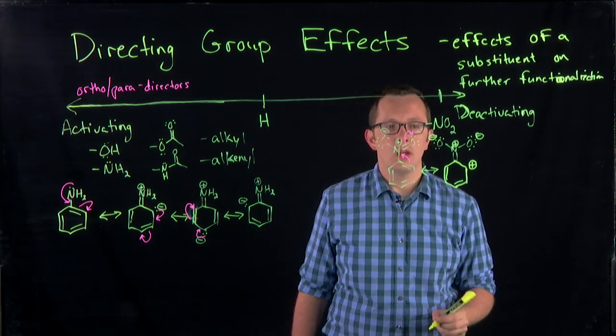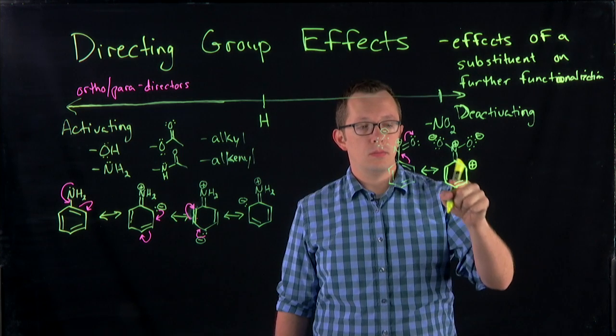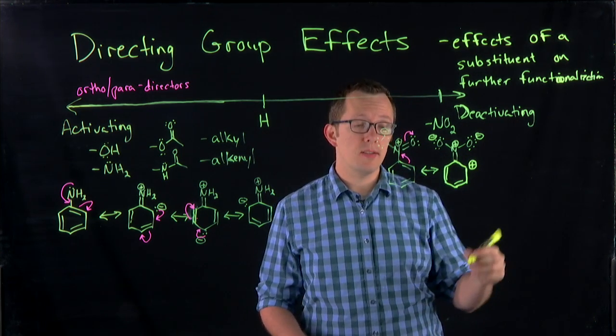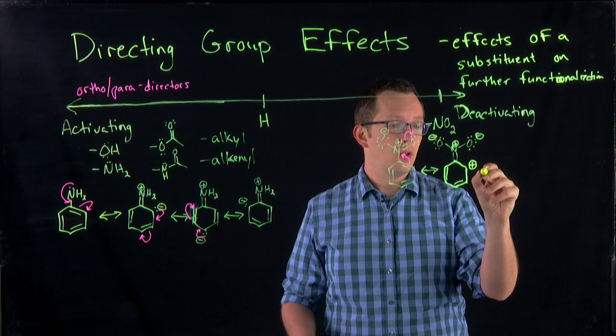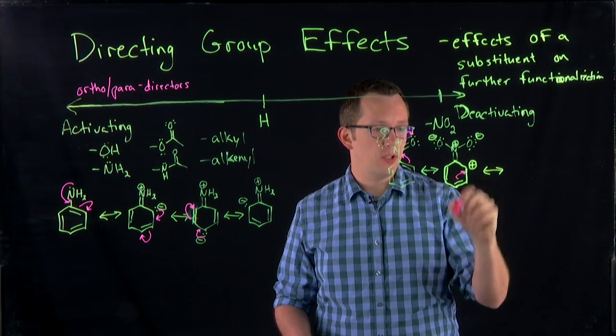Okay? So we can keep going. We can now take the other pi bonds in the benzene ring and push them towards that positive charge and distribute that positive charge throughout the benzene ring. So as we do that, we'll take this one and shift it up.